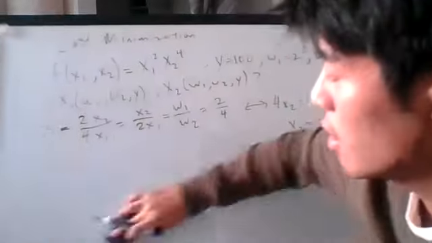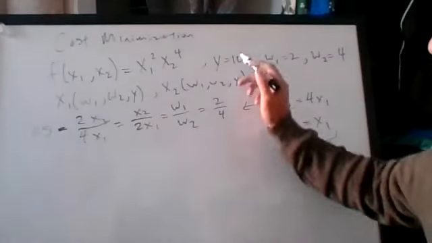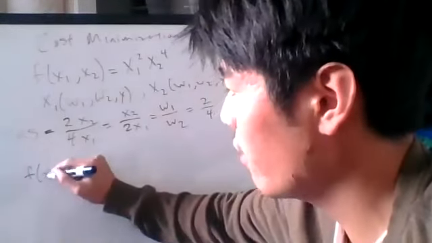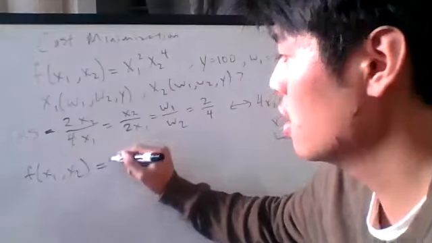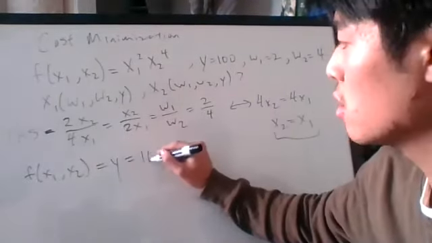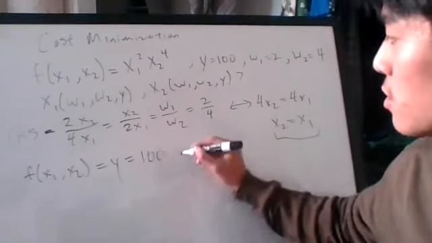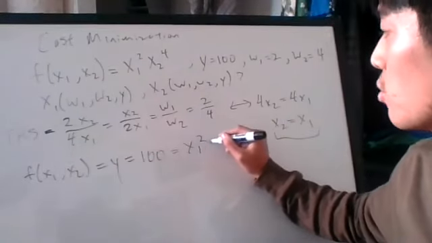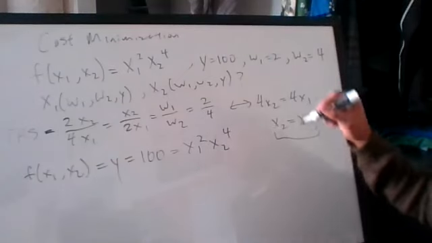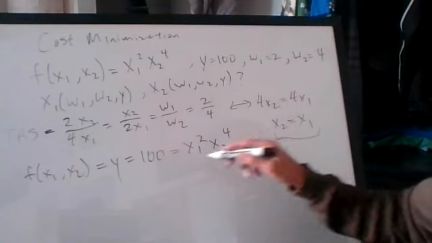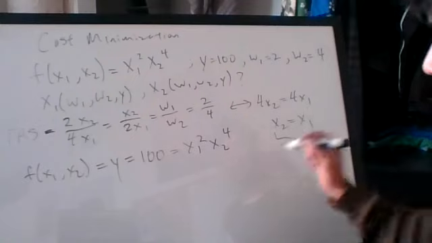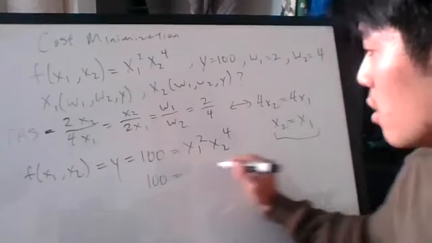Well, we already know that y is equal to 100. We have been given that f of x1, x2 is equal to y, and so y is equal to 100. But we also know that this is equal to x1 squared times x2 to the fourth. Because we know what x2 is relative to x1, we can plug one of these variables in.